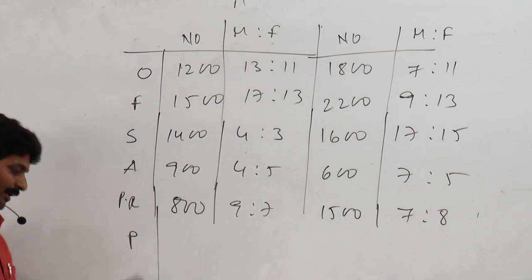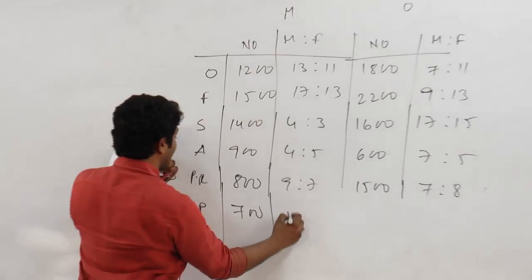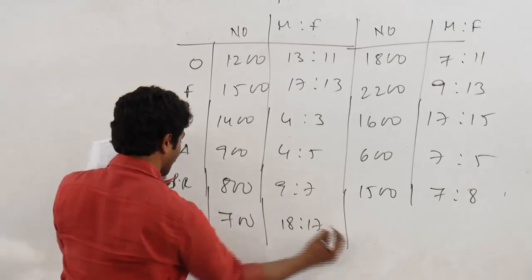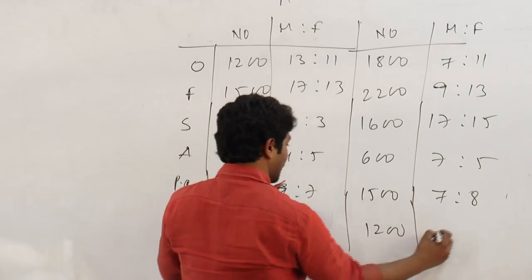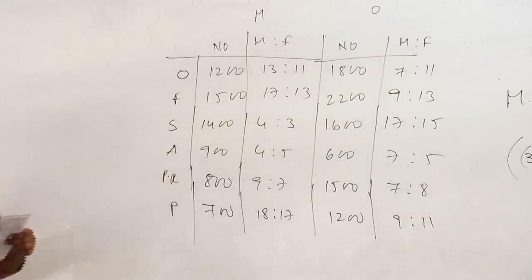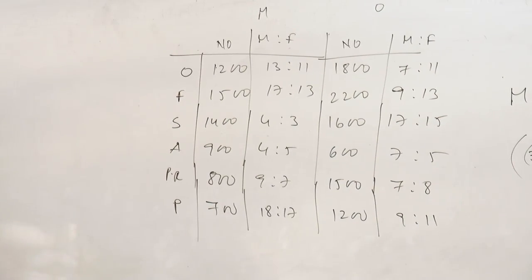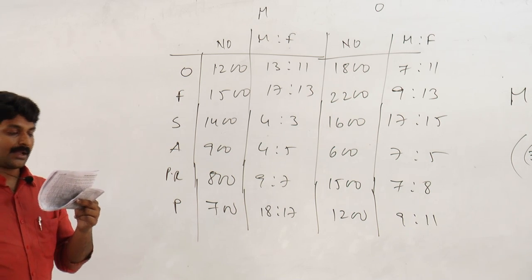Now let me write procurement here. 700 managers divided into 18:17 ratio. And then 1200 officers, 9:11. Now look at your question. Total number of female employees in procurement department is what percent more than their male counterpart?